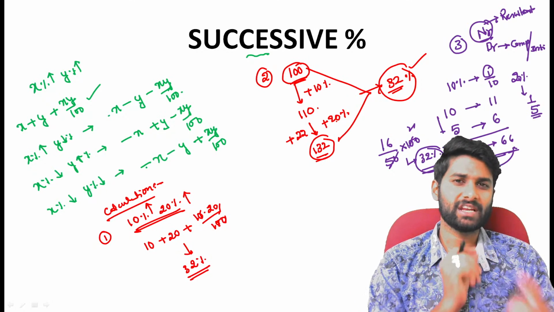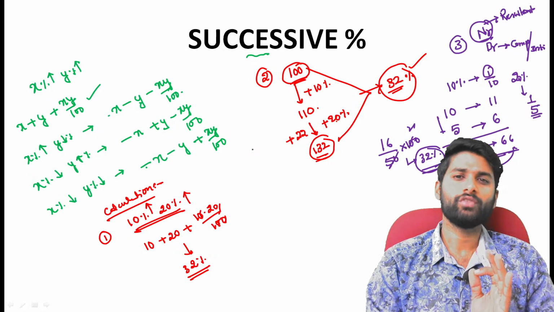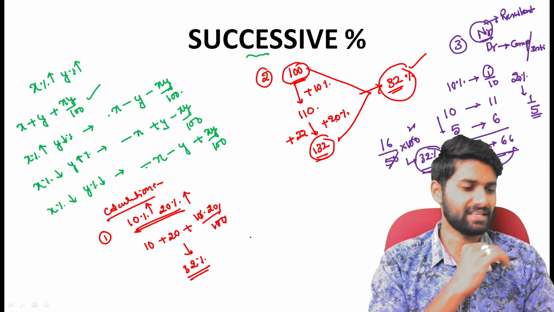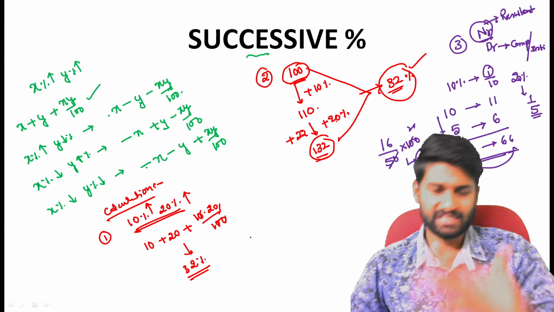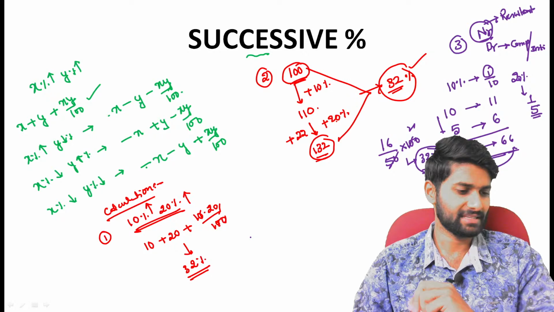So if any question is related to successive calculation, you can go with any of these calculations. You can get the answers guys. Now is there any doubt in the calculation? Please confirm. Why? Because this is the calculation we can use in the entire arithmetic.